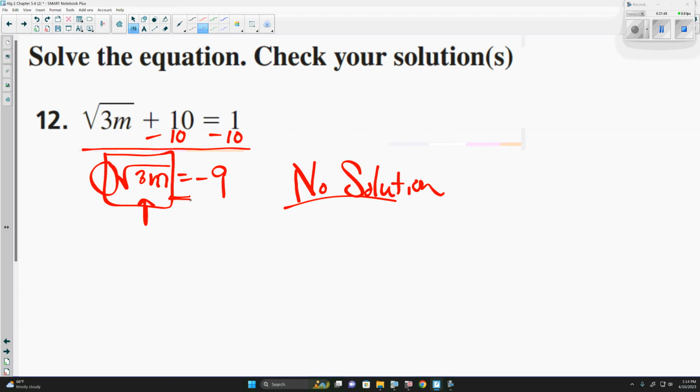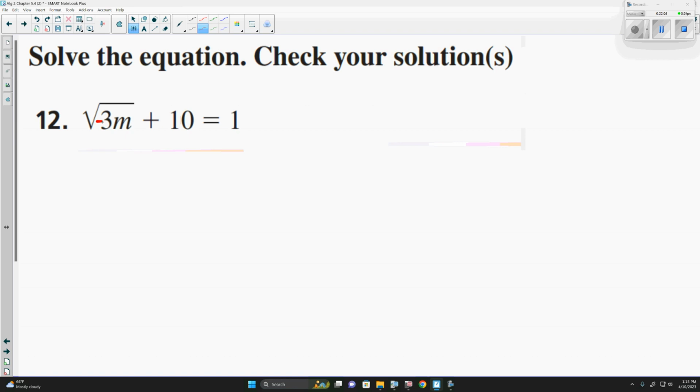You said if it was negative 3m, then multiply it by 1, right? So if it was negative in front, then we can divide both sides by negative 1, telling us the square root of 3m is, and that does work. What if the negative was inside? So let's say this here, and we can say negative out front. So we would still subtract the 10.